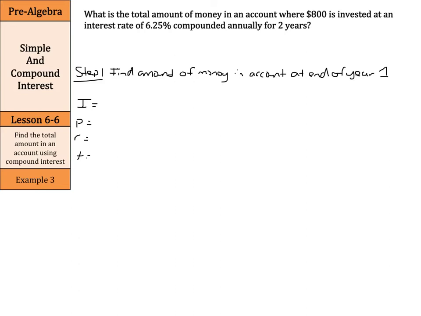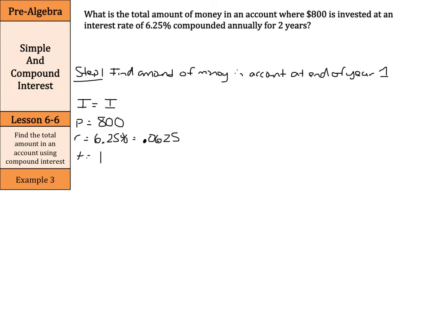The interest we're looking for, that's I. We put in $800 for a principal. Our interest rate was 6.25%, which as a decimal is 0.0625. And our time here is not going to be 2. It's going to be 1 because we're looking for just the end of the first year.